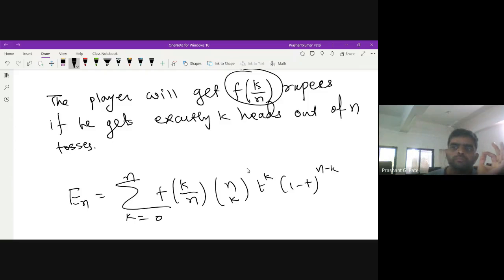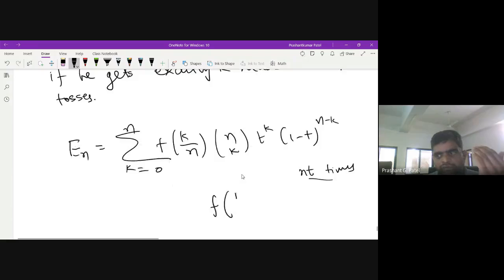And the expectation is that when n is very large, the head will turn up approximately n into t times. That is the expected value of the binomial distribution. And thus the prize which we get is f of t into n upon n, which is f of t.